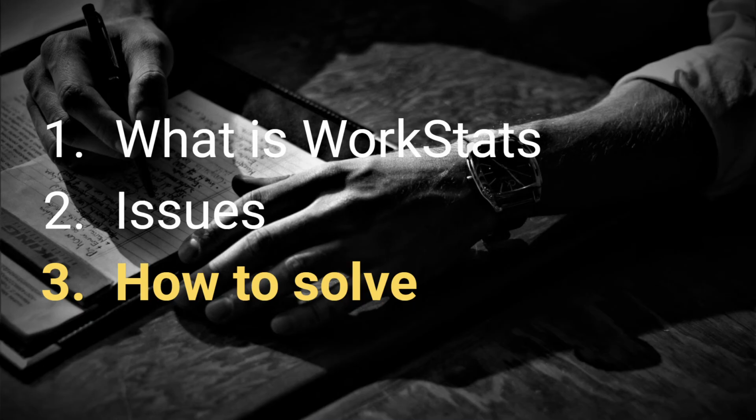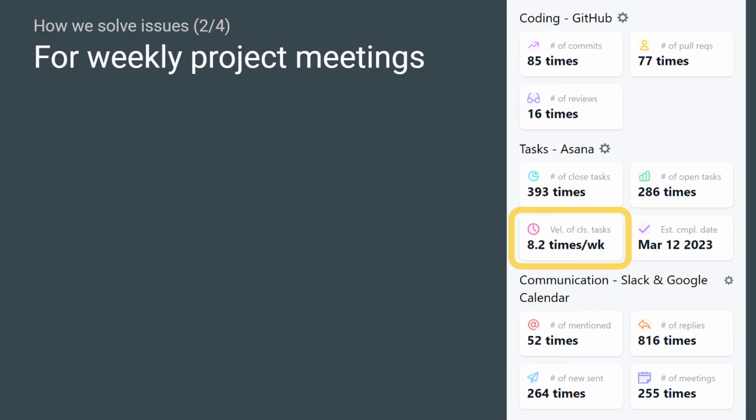So next, these are the issues we think we have. Let me explain next how to solve those issues precisely and concretely. For weekly project meetings, if you use this WorkStats, we provide this screenshot as an example.